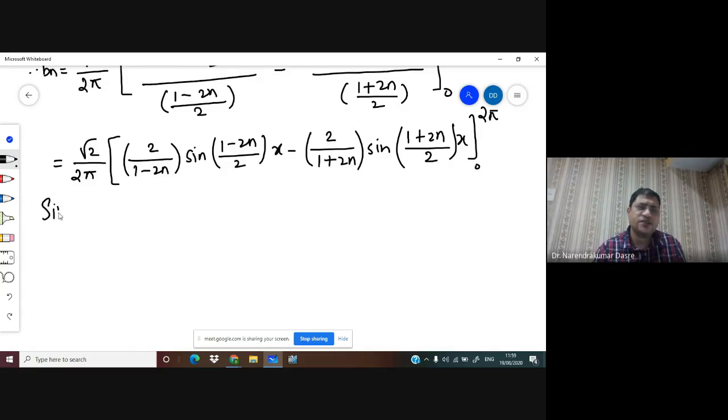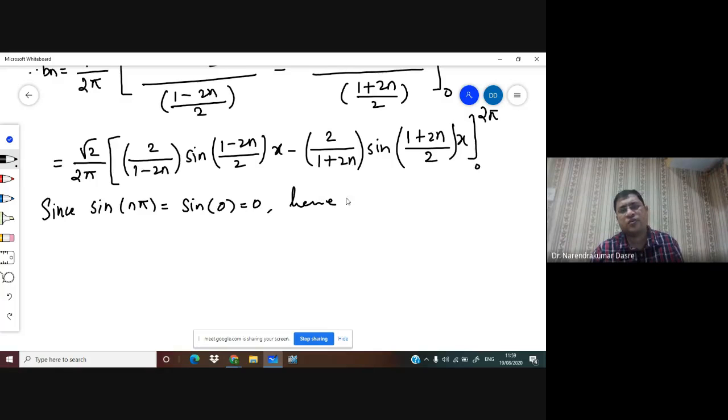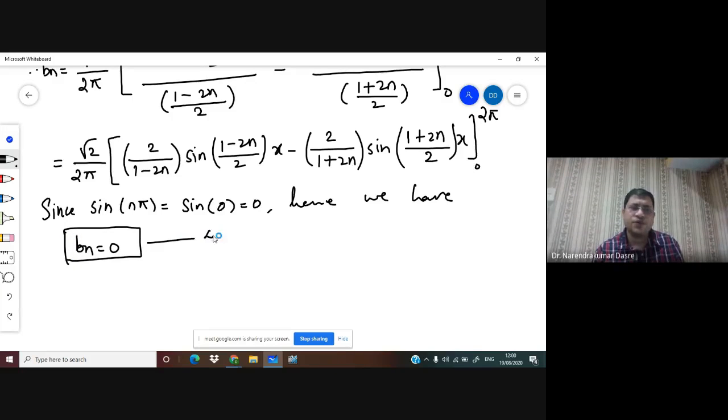So what we can say is, since sine of n pi is equal to sine of 0 is equal to 0, hence we have n is equal to... because here we will get sine of n pi and sine of 0. So both the terms are going to be 0.